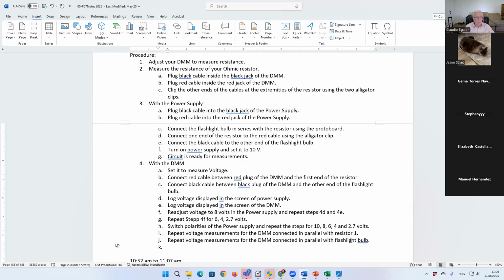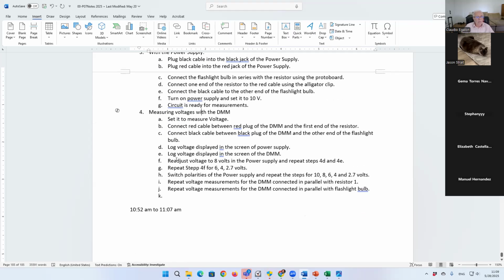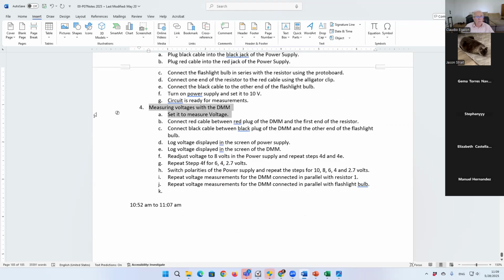And now, let me organize that. The circuit is ready for measurement. Measuring voltage with the DMM, okay? And now measuring current with the DMM.